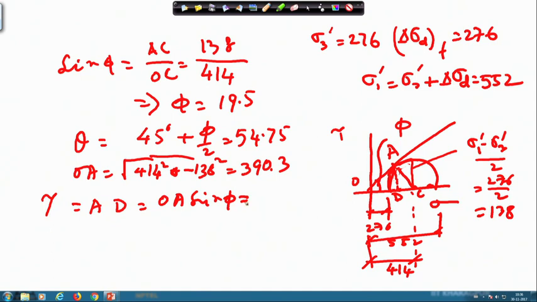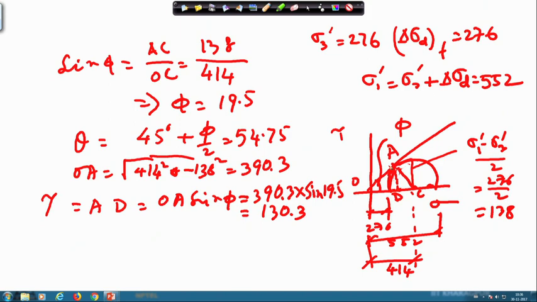So, tau, it will be OA, already you have got 390.3 multiplied by sin 19.5. So, half you are using geometry and Mohr circle all together, then this gives you the value equal to 130.3.